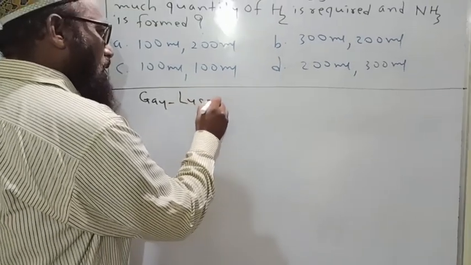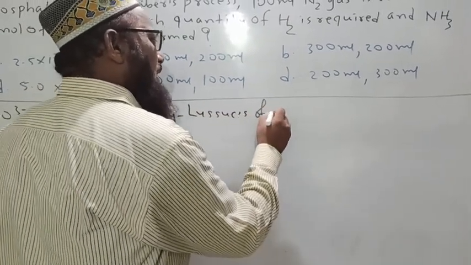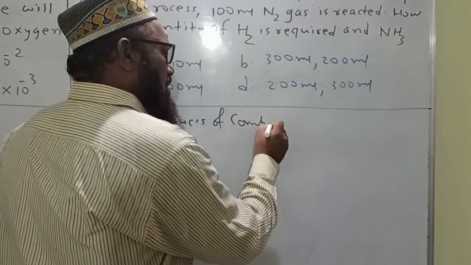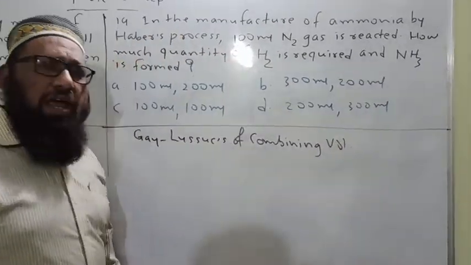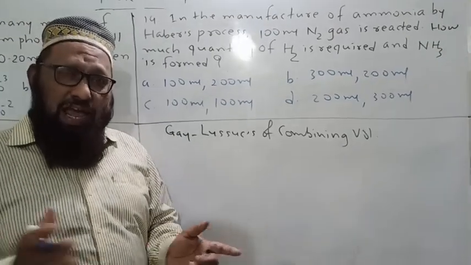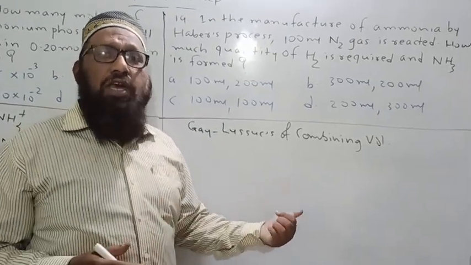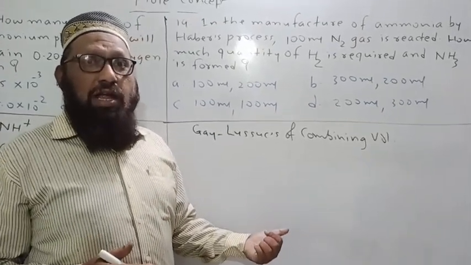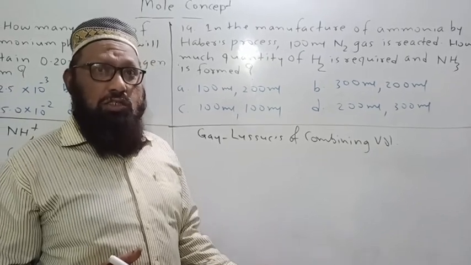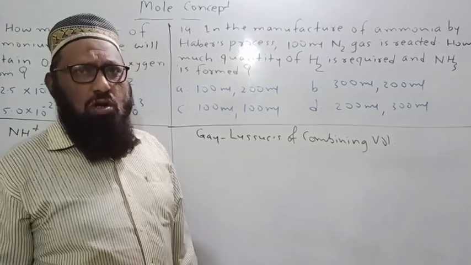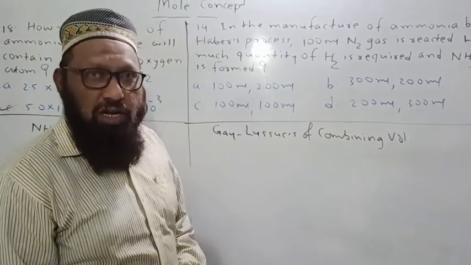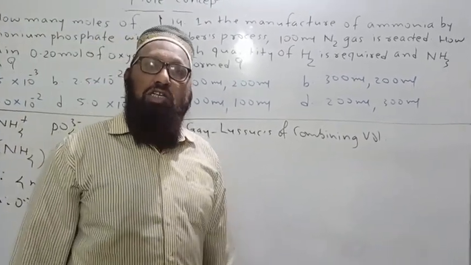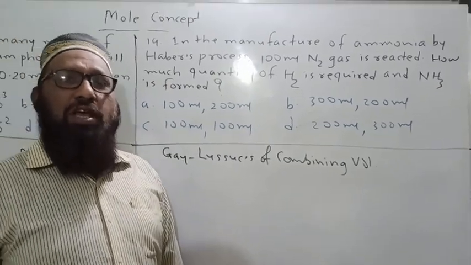The law states that when gases react to form gaseous products, they do so in a simple whole number ratio, provided that the volumes are measured under similar conditions of temperature and pressure.